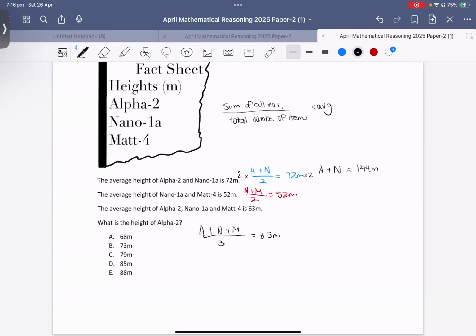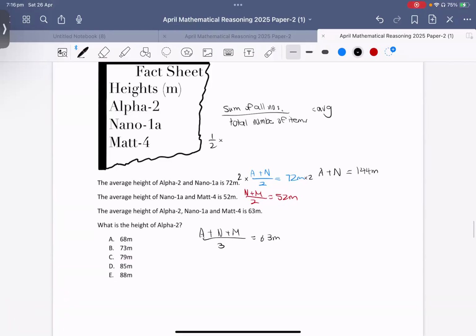If you think about it, a half times 2 just gives us 1, because we can cross out those denominators. As soon as I multiply something on one side of an equal sign, to keep it balanced I also need to do it to the other. And that ends up giving us 144 meters.